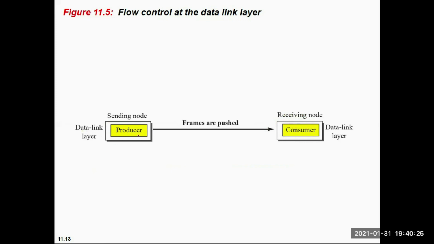So there must be a synchronization between this producer and this consumer. Synchronization you can say in two way, that if this flow of data is more, like pushing of frames by this producer, the rate of pushing of frames are more than the processing at the consumer end, then most of the frames will be discarded by this consumer.